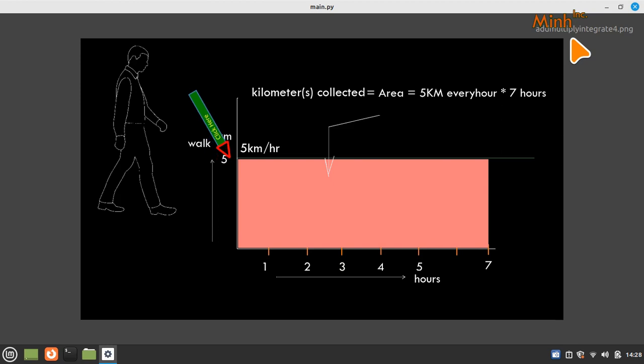Okay, so this is the dependent variable, and if it is constant, every hour the collection is constant, then it will lead to this kind of rectangle, and calculating the rectangle is nothing but the total addition, total collection. So we can say 5 plus 5 plus 5, 7 times, or 5 into 7, whatever comes to mind. So this is sometimes referred to as speed also. 5 kilometer per hour is speed. Actually it is 5 kilometers total collected during 1 hour. So that is also called 5 kilometer per hour.